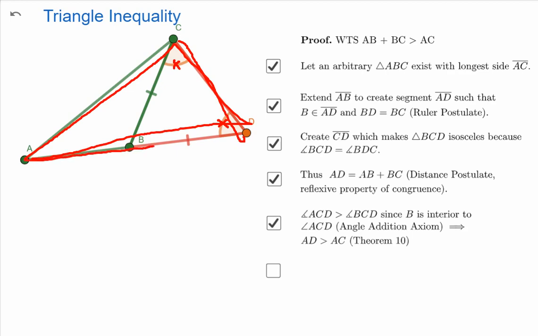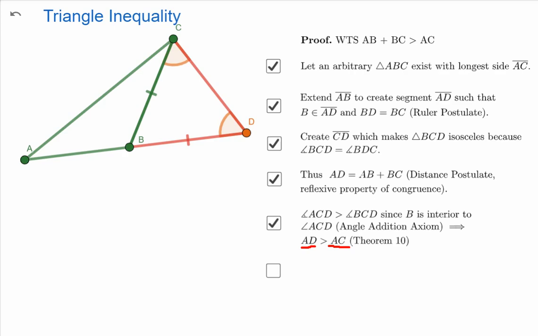Therefore, the side across from it is longer than the side across from this smaller angle. So what do I know? I know that side AD is longer than side AC in the big triangle.